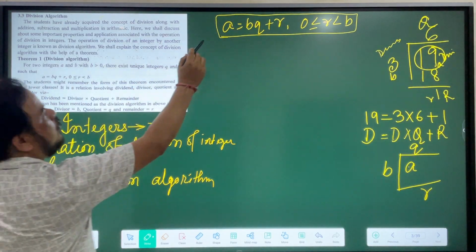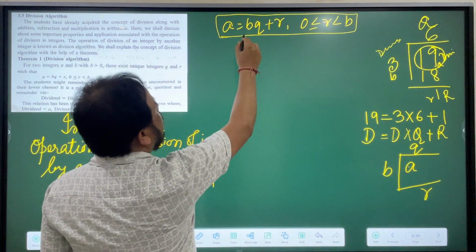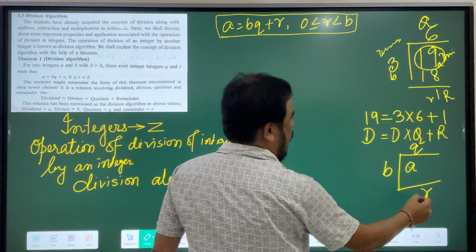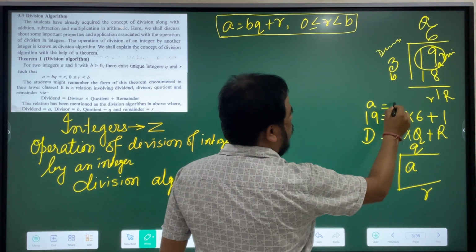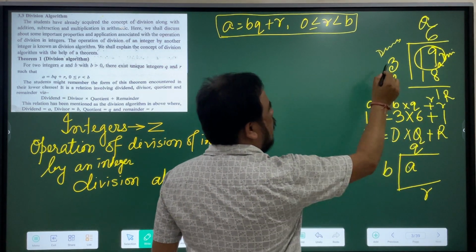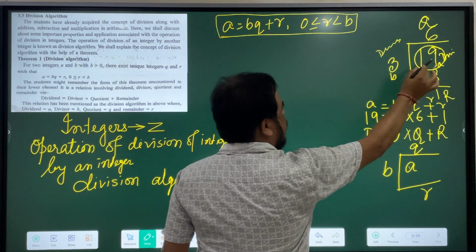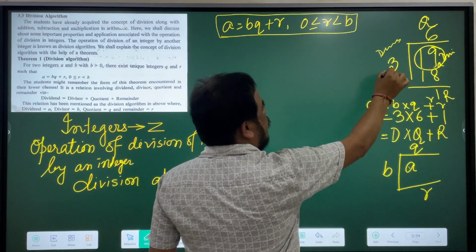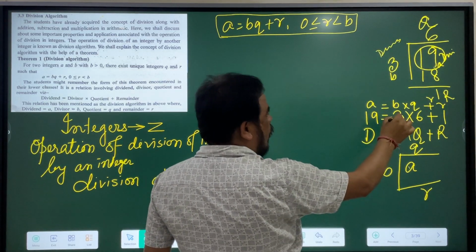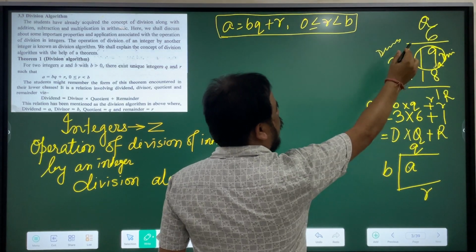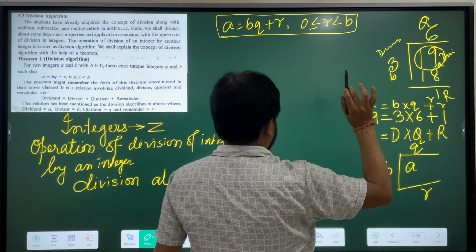a is equal to bq plus r. a is equal to b into q plus r. Here a is the dividend, 19. 3 is the divisor, and 6 is the quotient, plus 1 is r.